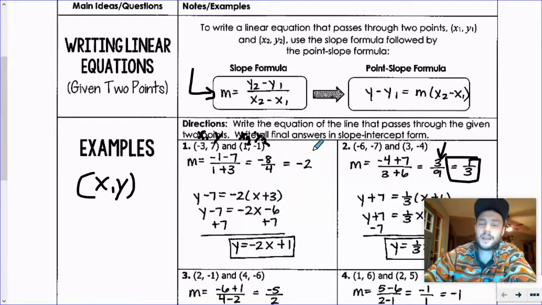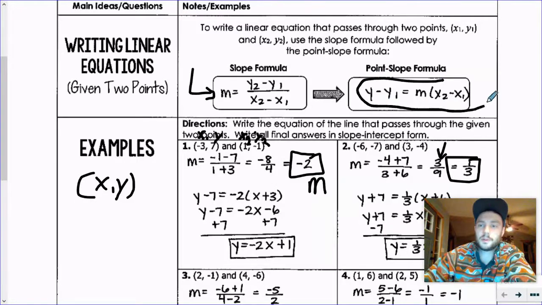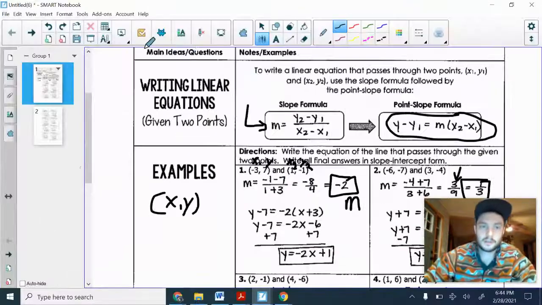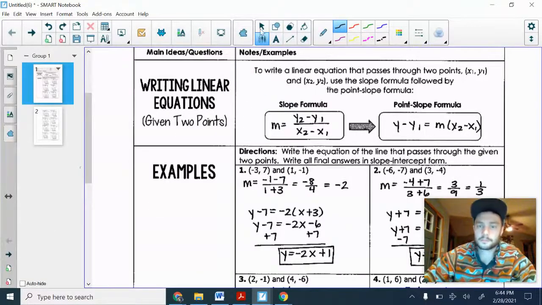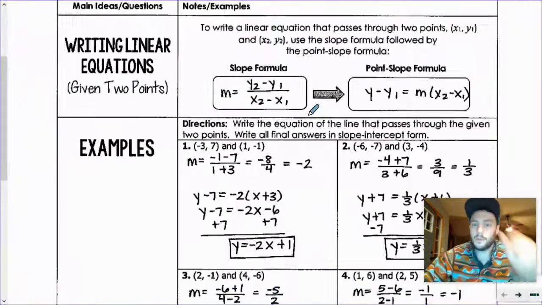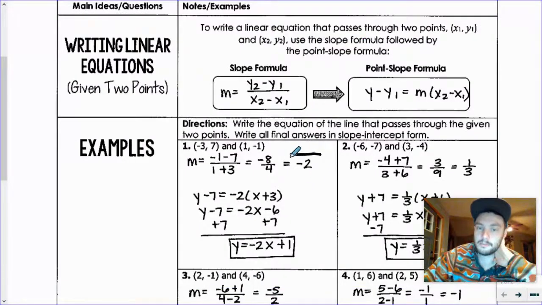Once we have this, this is just my slope. This is just my m. So what that does for us is now we have our point slope formula up here. We have a point, either of these. Let me erase and clear all this. Now that we have our slope, this is m.